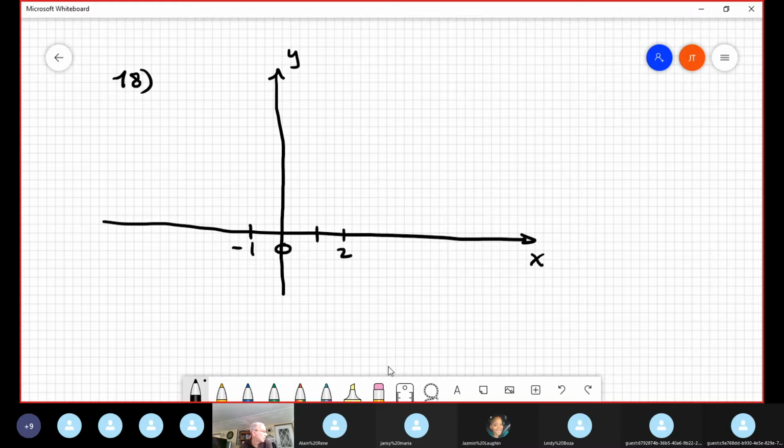In this interval, my function looks like a piece of a parabola. This point is 4, and this point is 1. And after 2, it's a constant function, it's 5.